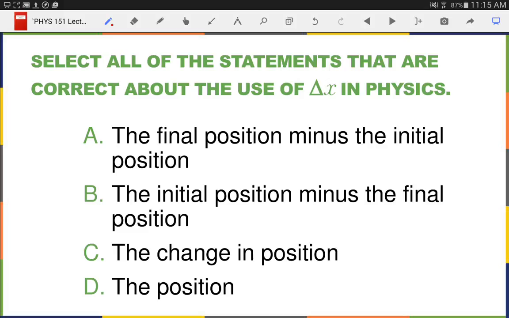So this one you have to put in all of the answers that are correct and then hit enter. Get a few more people here.